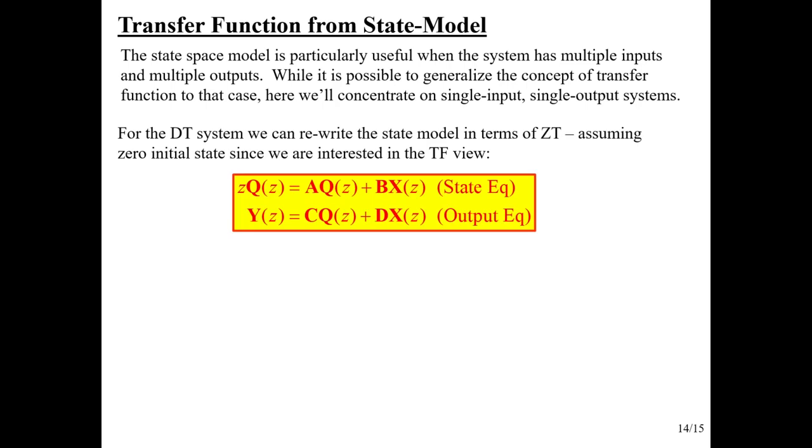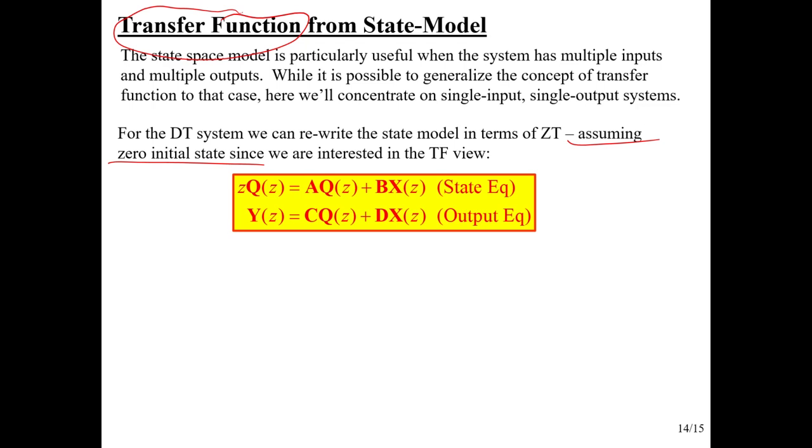So here's the idea. We're going to take our state equation, and when we're talking about transfer function, it's always under the scenario of zero initial conditions. That's the definition of transfer function. It comes from impulse response. The impulse response is what comes out of the system when you put a delta function in and the system is in zero state condition, zero initial conditions.